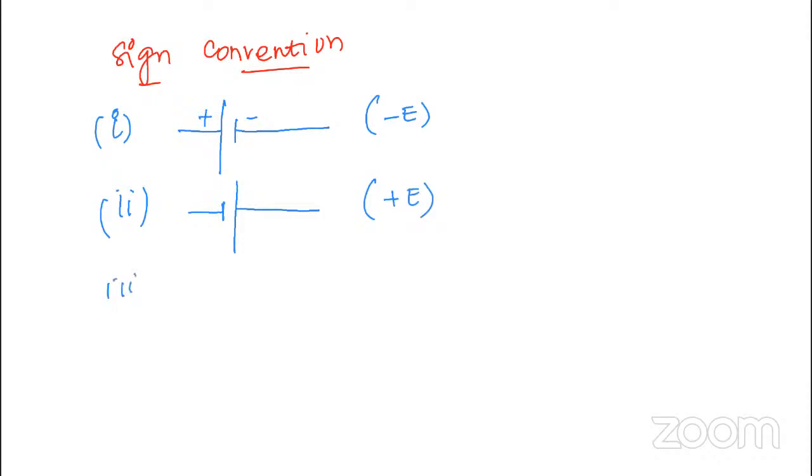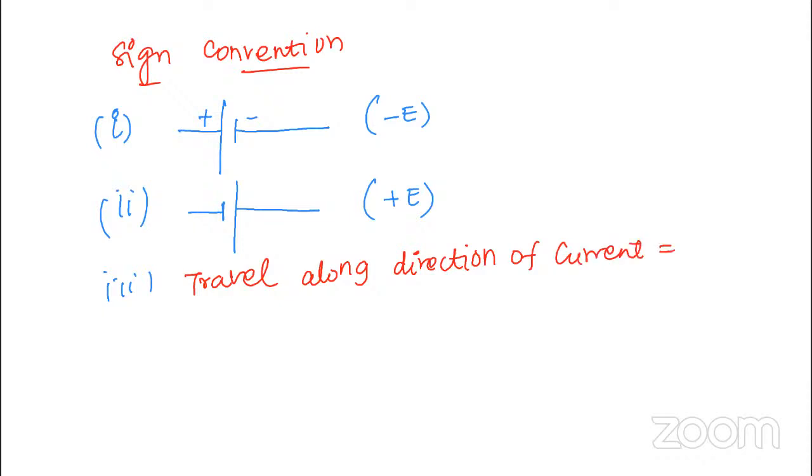The third one: if the current is traveling along the direction of the current, we write it as minus of I into R. If traveling opposite to the direction of the current, it is positive. Along the direction of current it is negative, and opposite to the direction of current, it is positive.